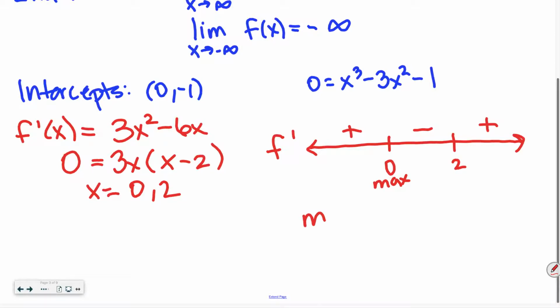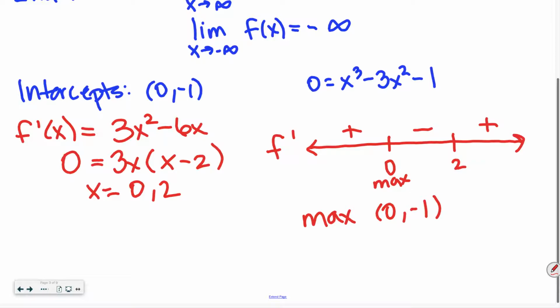Let's make a note that we have a maximum at 0 comma something. We have to plot this point, so we might as well figure out what it is. Anytime I ask you for extrema, I want the actual coordinate. So we go to our original function. Oh, we already know that it's (0, -1). Our y-intercept is also our maximum.